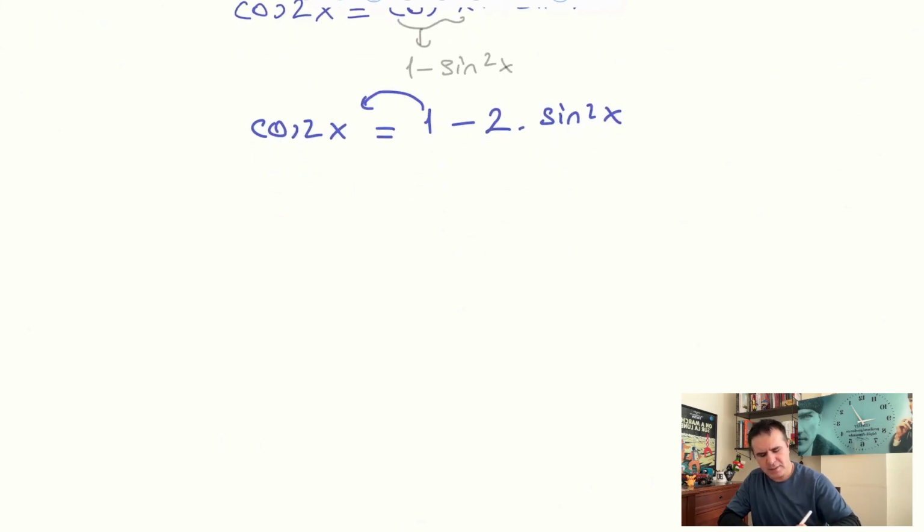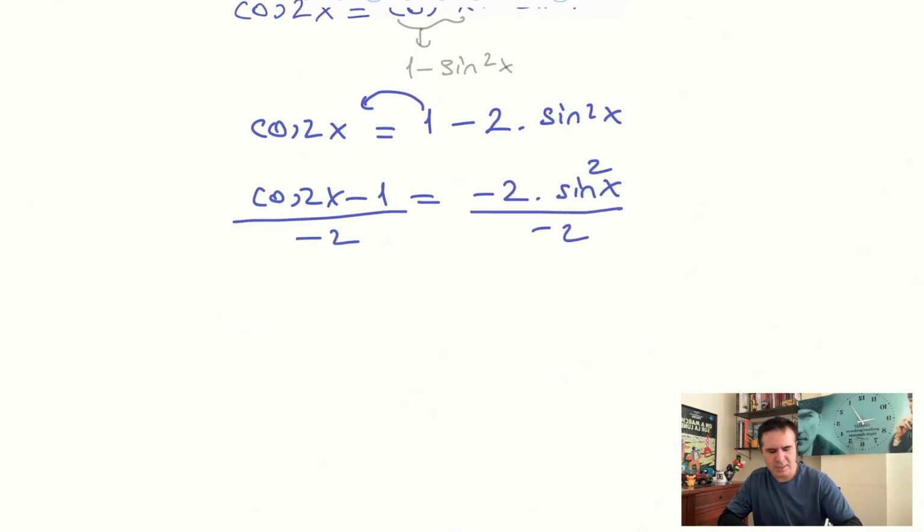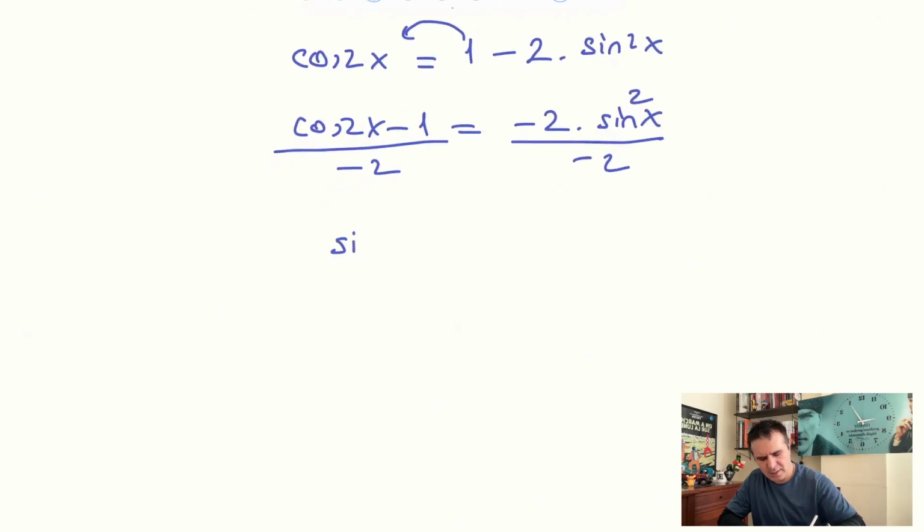Take this one to here: cosine 2x minus 1 equals minus 2 times sine square of x, and divide by minus 2 on both sides. Then sine square of x becomes (1 minus cosine 2x) over 2.